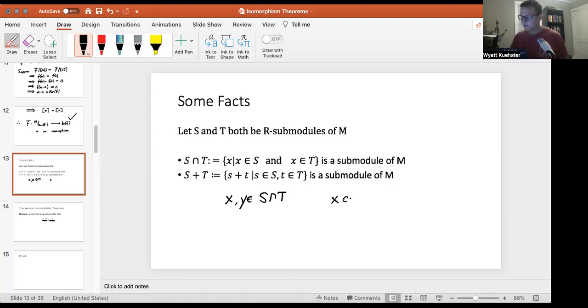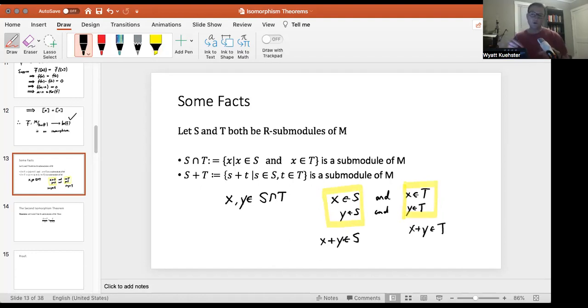It means X is in S and X is in T, and it means that Y is in S and Y is in T. So since both X and Y are in S, and S is a submodule, I can add those two elements in S. So X plus Y is in S, and both X and Y are in T, so I can add them in T. X plus Y is in T. And then since X plus Y is in both S and T, it's in the intersection.